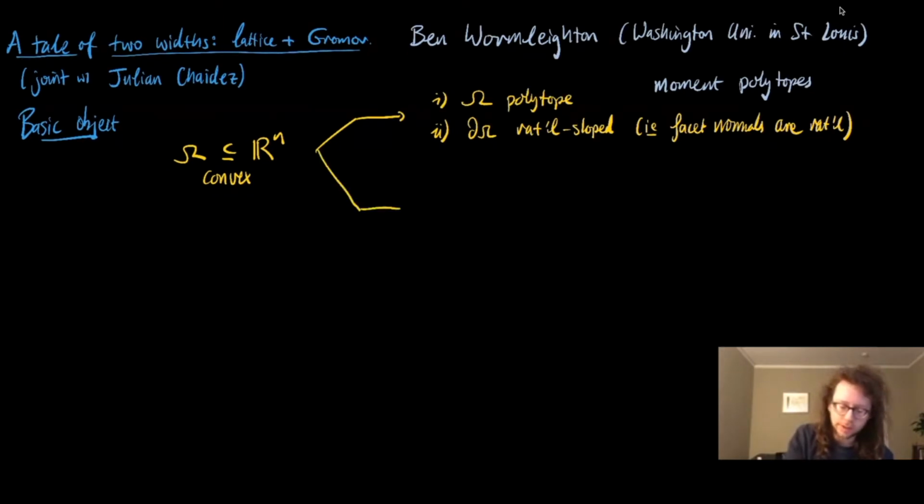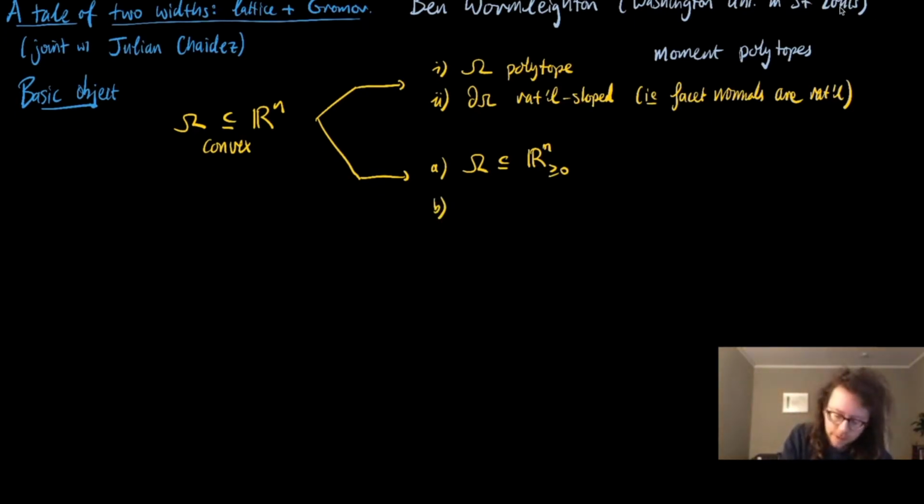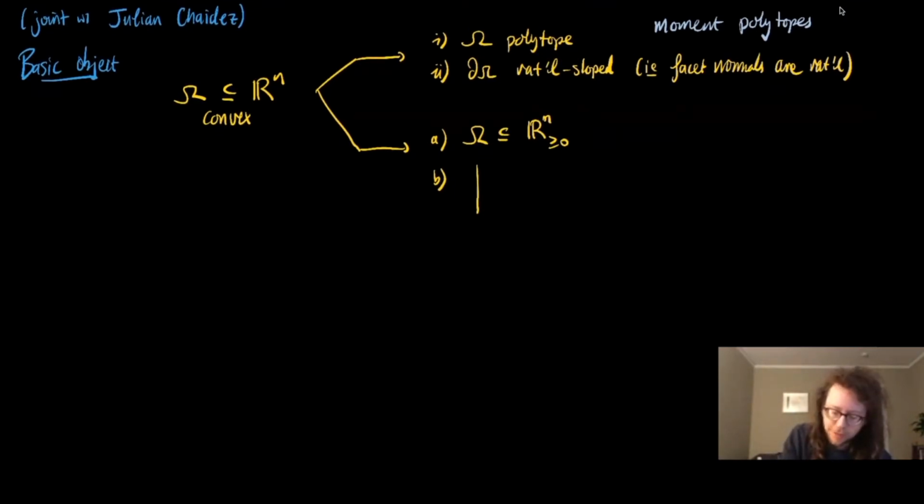The other class of regions that I'll think about will not, in general, be polytopes. Call them A and B for this. They will live in the positive orthant. I'll draw a 2D picture, but hopefully it gets the point across.